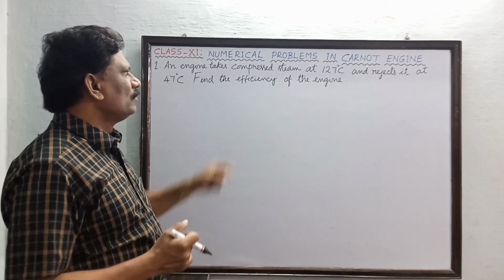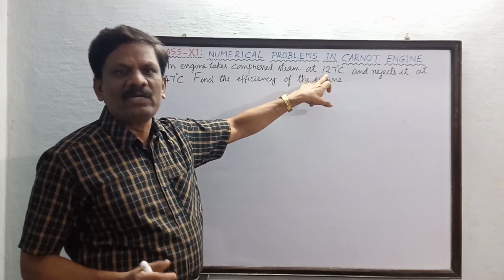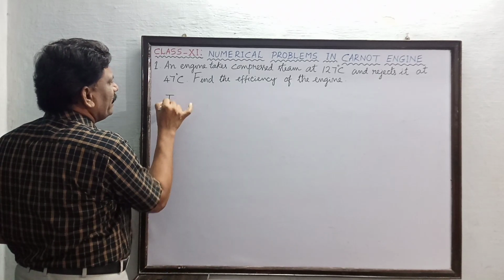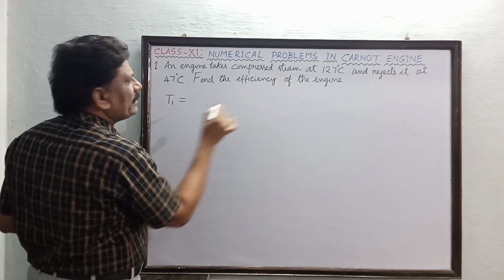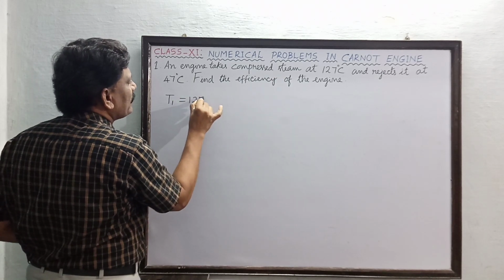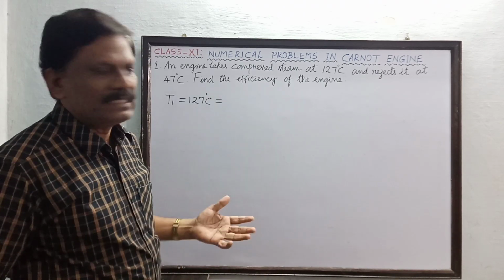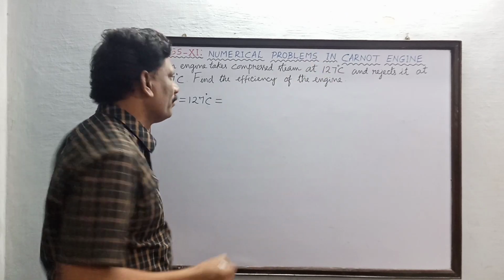Now among the two given temperatures, the higher temperature is what? 127 degrees Celsius. So the high temperature is usually denoted by T1. So T1 is equal to 127 degrees Celsius. And we have to convert the temperatures into Kelvin, particularly in the Carnot engine problem.